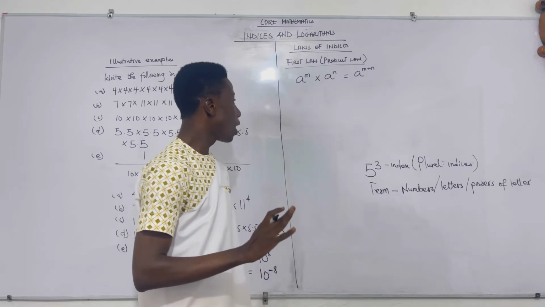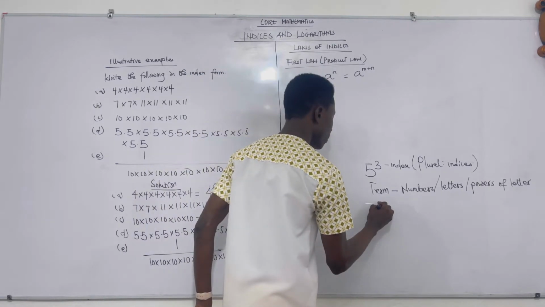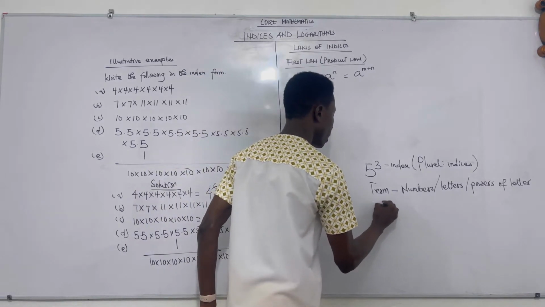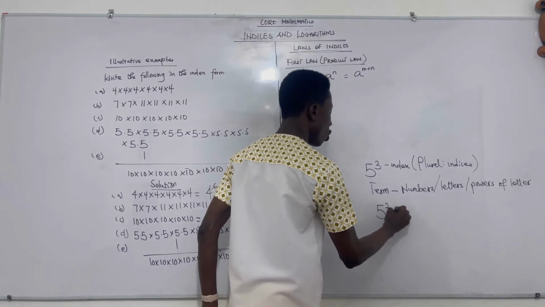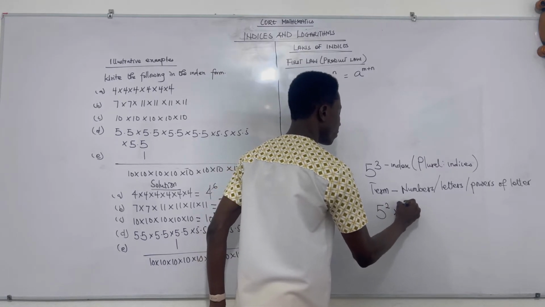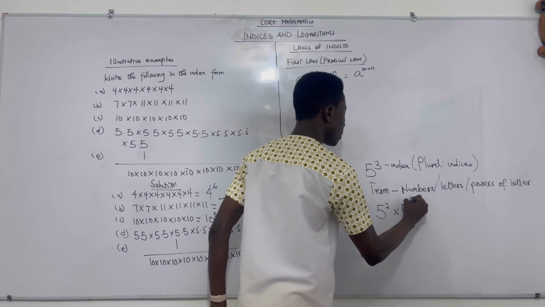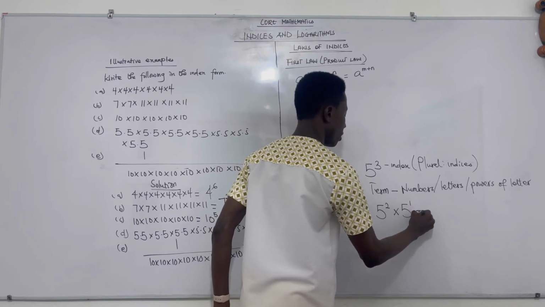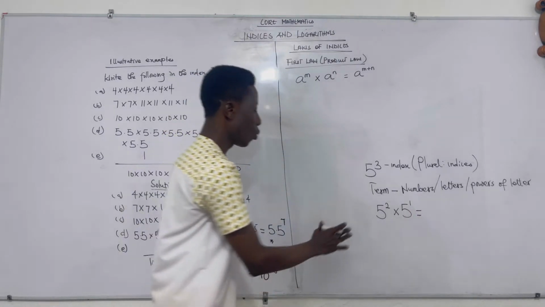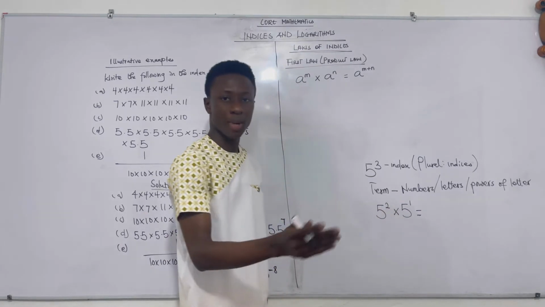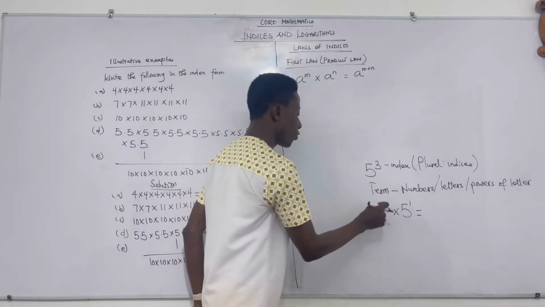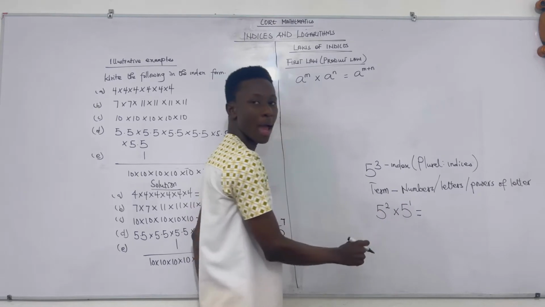So you can have 5 exponent 2 multiplying 5 exponent 1. Over here, you have 2 terms multiplying each other. There is the type of term containing just a number.